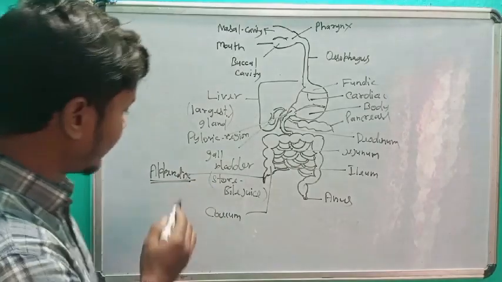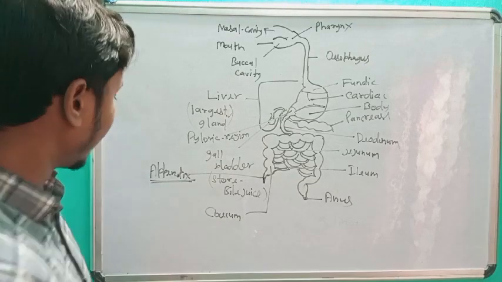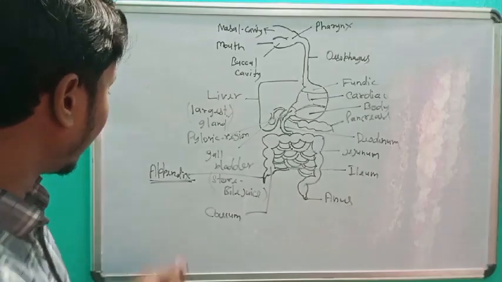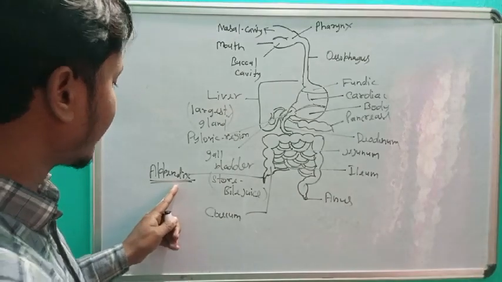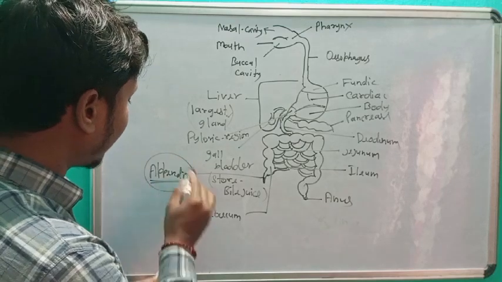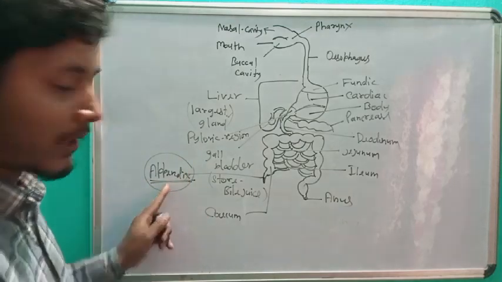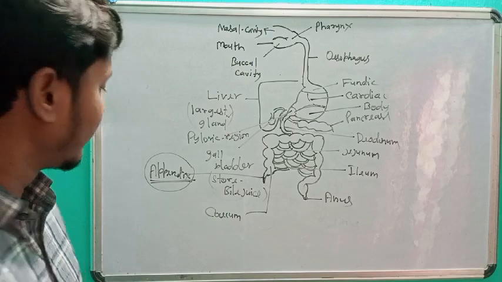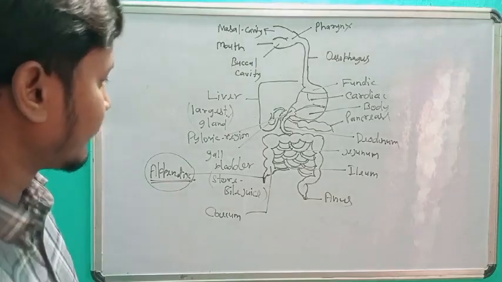In early human beings, bacterial digestion took place here. We believe the appendix was responsible for cellulose digestion.